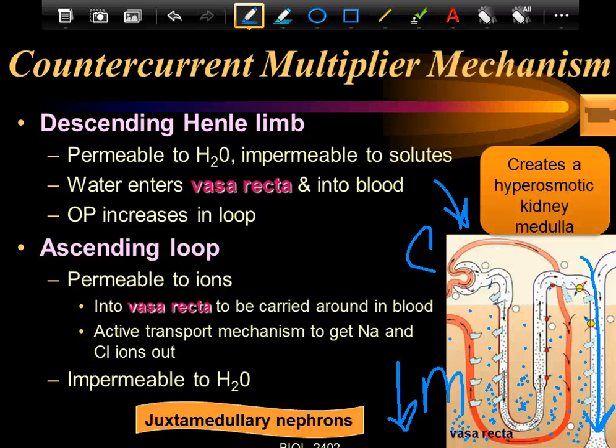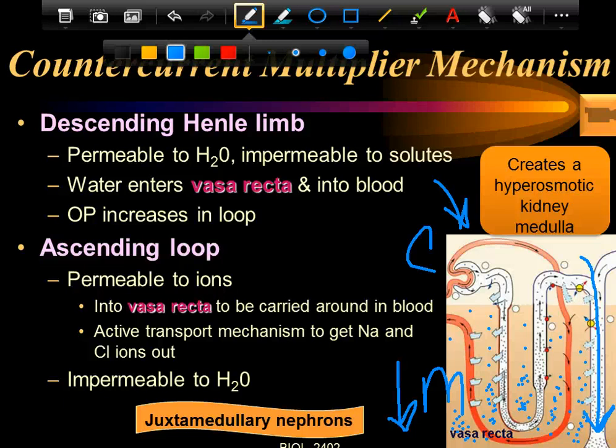If you're dehydrated or you're losing blood, you do not want to be losing bunches of urine. Urine is mainly water. In those situations, you want to conserve water. And that's where this countercurrent multiplier mechanism becomes really important. It allows you to do that. Now, to understand this, you need to understand the loop of Henle.